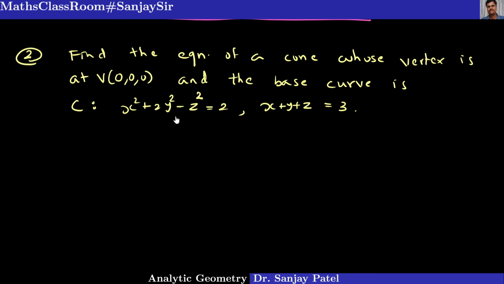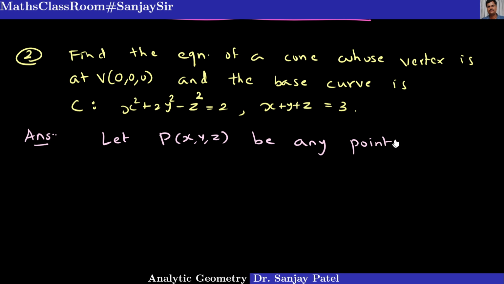It's an equation of a conicoid. What is a conicoid? We will discuss later on, not now. So let us find the equation exactly in the same way. Let capital P (x, y, z) be any point on the required cone.